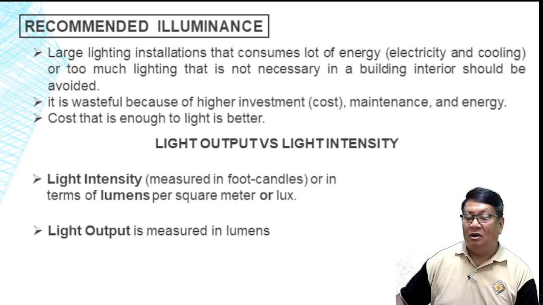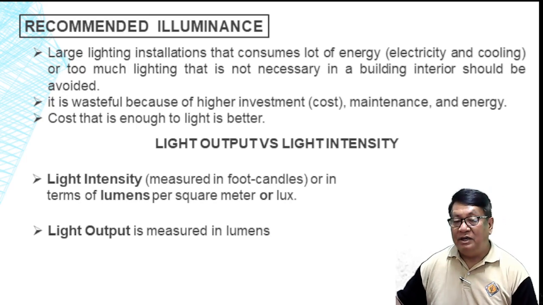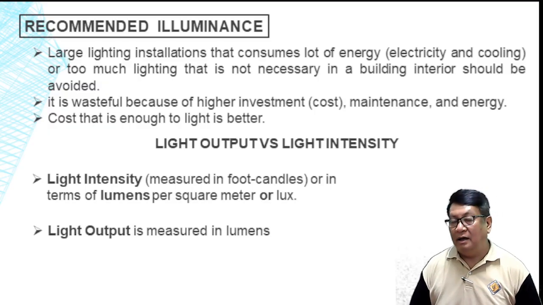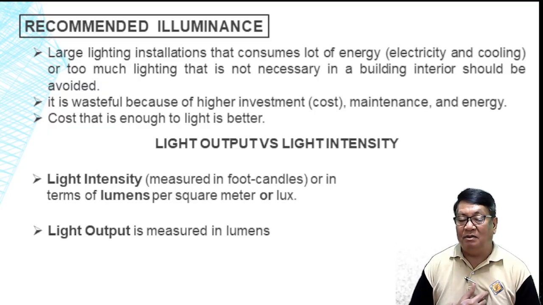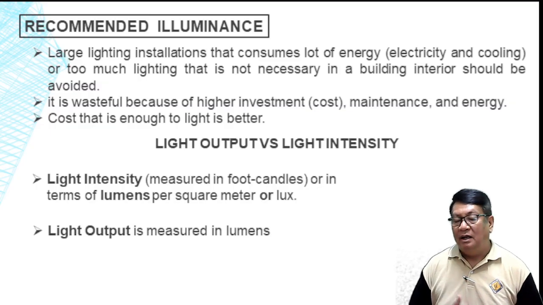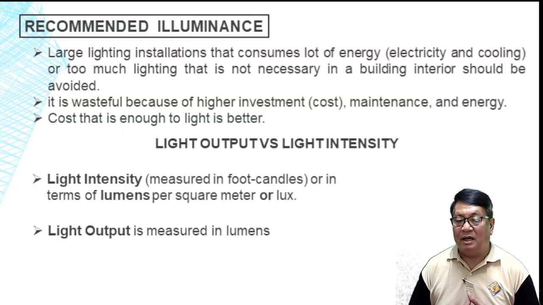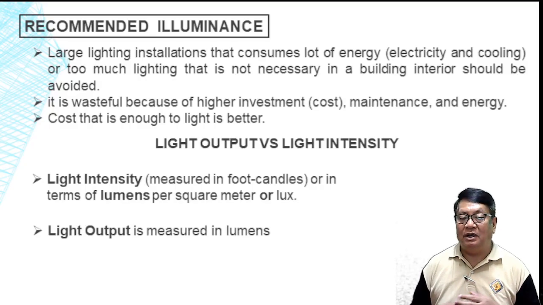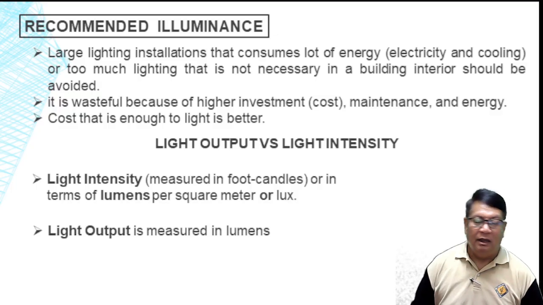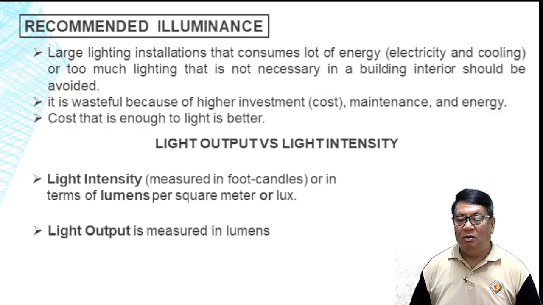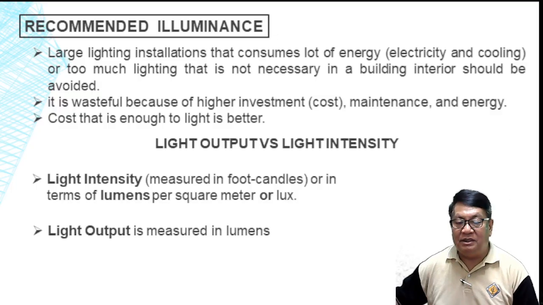Okay, so avoid unused light sources, no? Lamps, bulbs, no? So this is a wasteful activity. So it's better to implement higher investment, maintenance and energy efficiency, so that sooner or later this could be recovered, no? So light output versus light intensity.